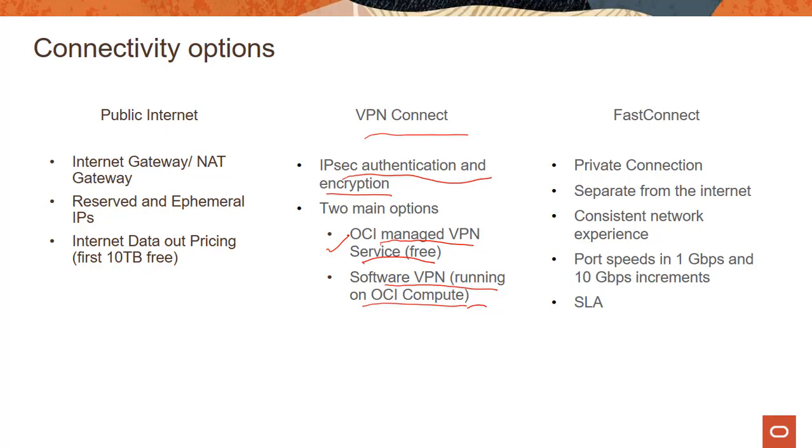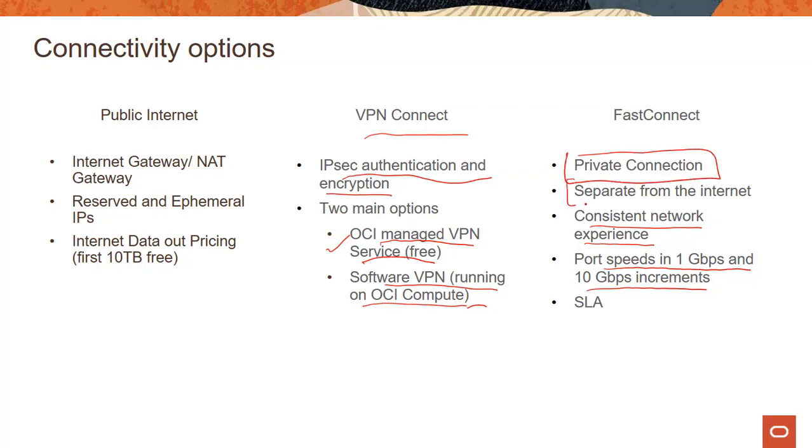The third option we have is Fast Connect. Fast Connect, as the name specifies here, gives you this consistent fast network performance, and you can get port speeds of 1 Gbps and 10 Gbps increments. And the whole idea of a fast connect is it is a private connection.